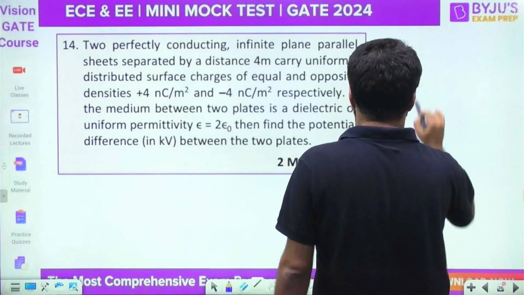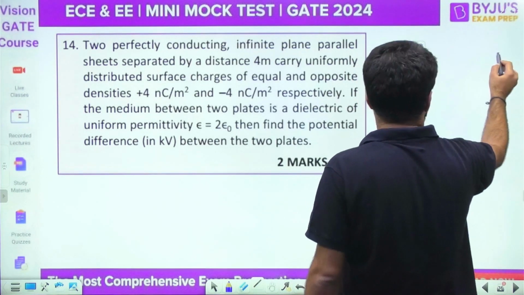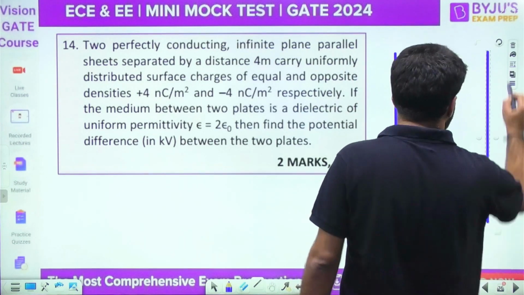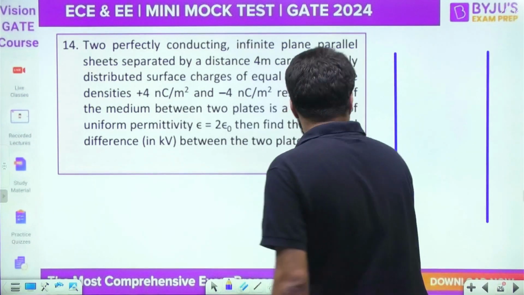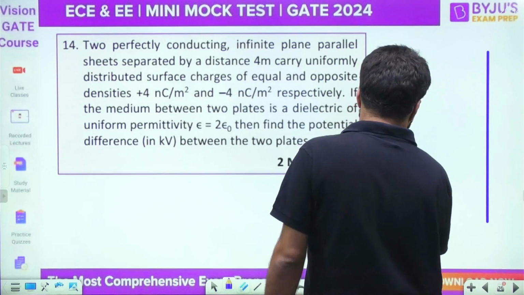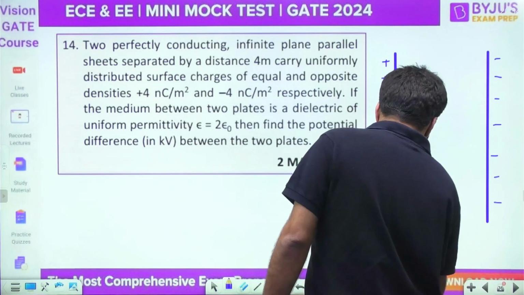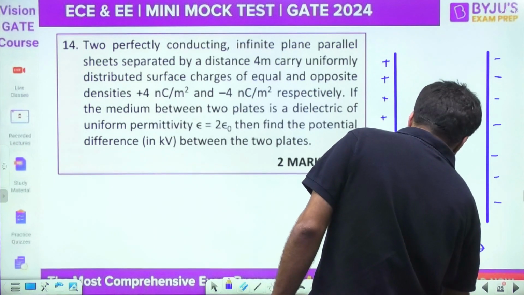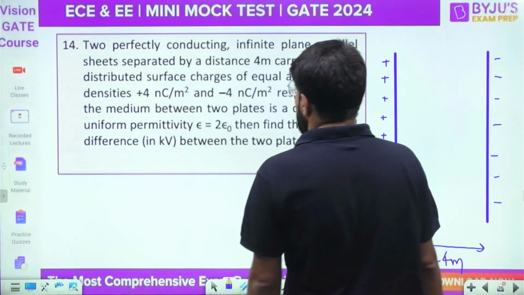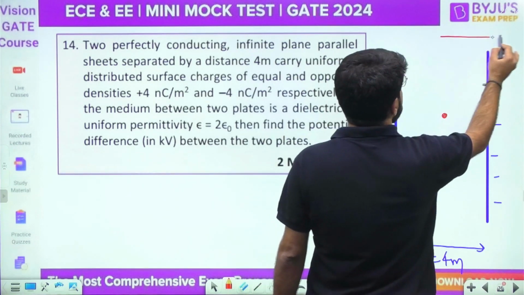One of them is having the positive charge density, one of them is having the negative. They are separated by a distance equal to how much? 4 meter. Now let me pick up any particular point, and let's assume that this is the x direction.